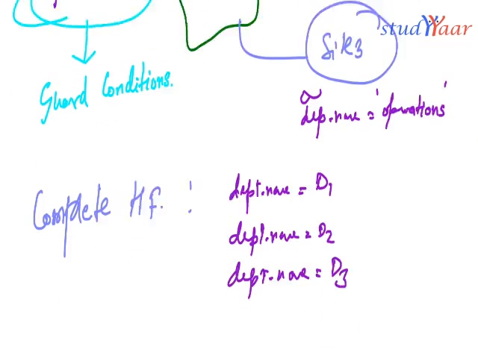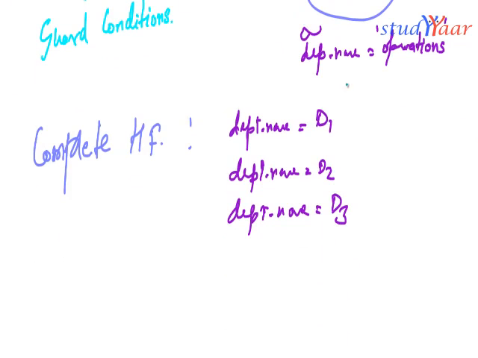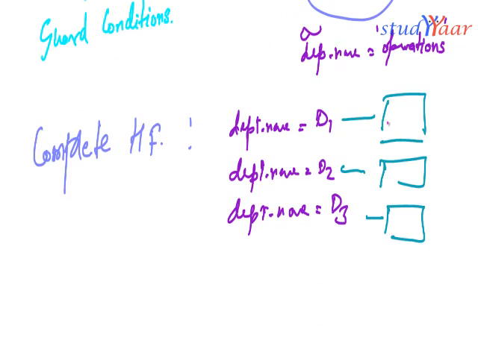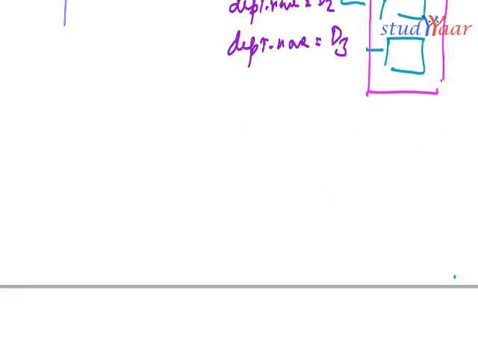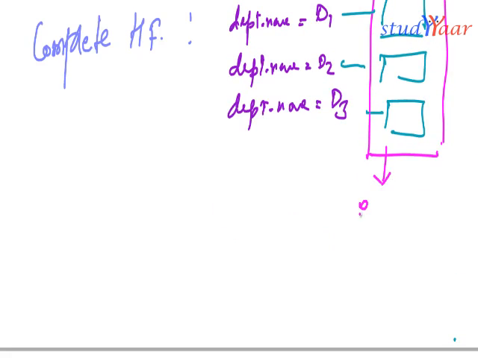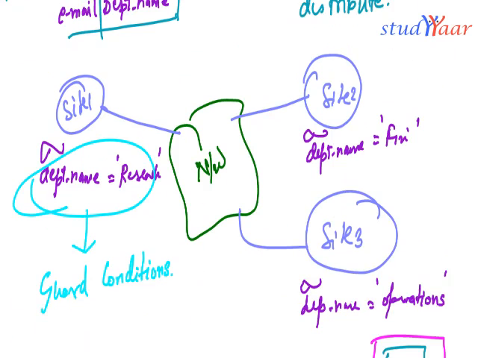I call this fragmentation complete if together the tuples of this fragment and tuples of this fragment and tuples of this fragment form the entire relation. If this is true, then I call my fragmentation complete fragmentation.